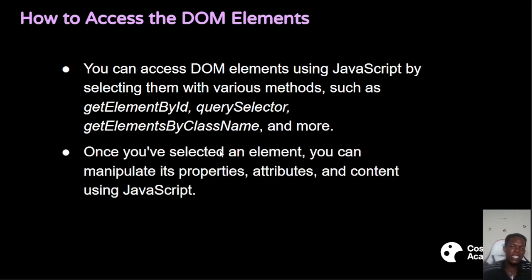Then once you have selected an element, you can manipulate its properties, attributes, and content using JavaScript. So this is where the interactiveness of your web page comes in. You use JavaScript to do virtually many things. Your toggle button on your screen, your different sliders like carousels with different images that move and slide, all those things have been done with JavaScript. Your pop-up, when you click on see more, it opens more content, see less, you close.